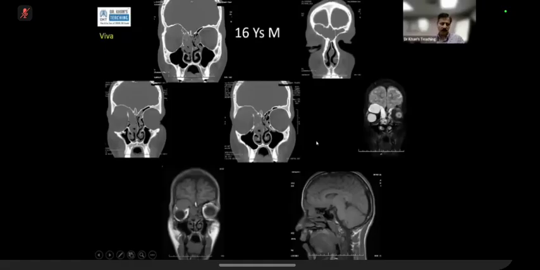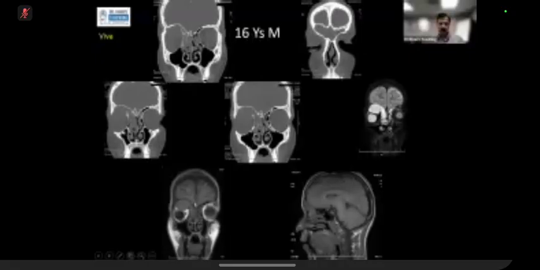Now, if you see this CT and MR, just concentrate on this sequence and this sequence, which is a T2 coronal. This is a CT coronal. What is happening? Over to you.